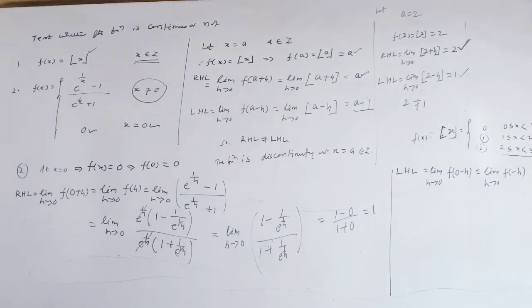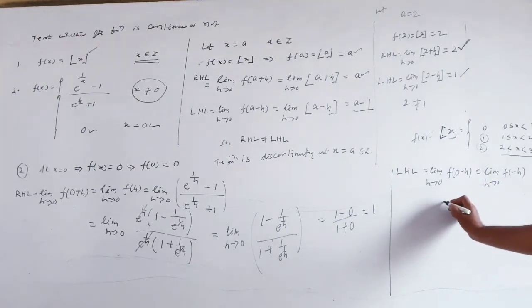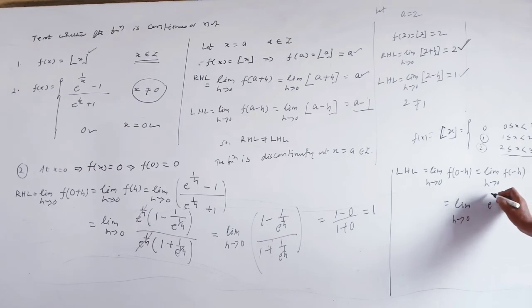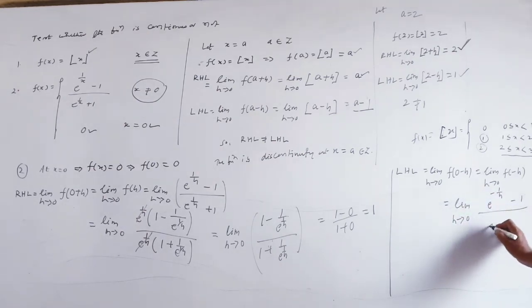So minus h means here limit h tends to 0 of (e to the power minus 1 by h minus 1) divided by (e to the power minus 1 by h plus 1).